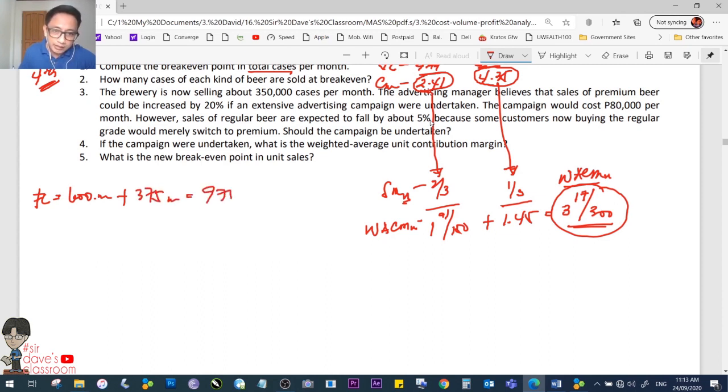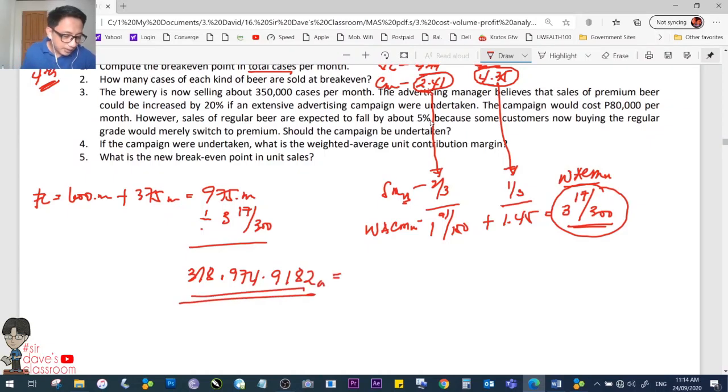So, 975,000 yung total fixed cost natin. Total fixed cost divided by the contribution margin per unit. That must be ilan? It is 318,974.9182 units. Okay? That is our answer to requirement number 1.